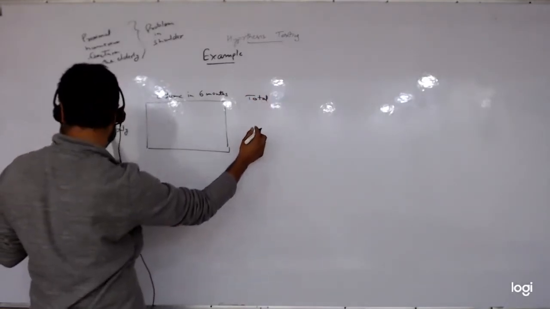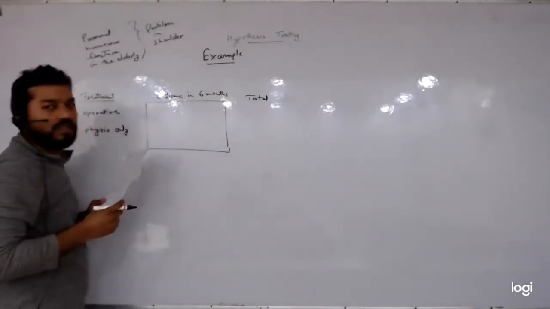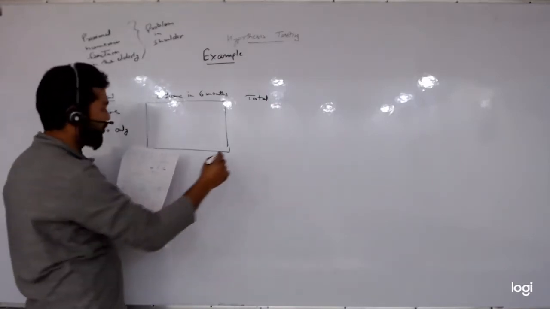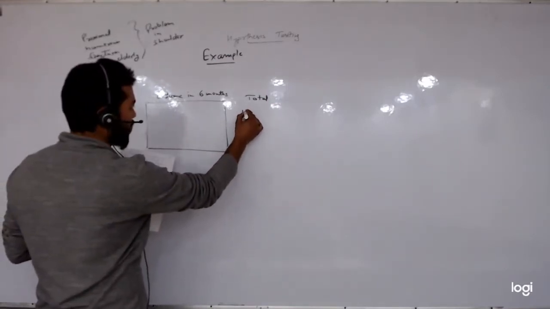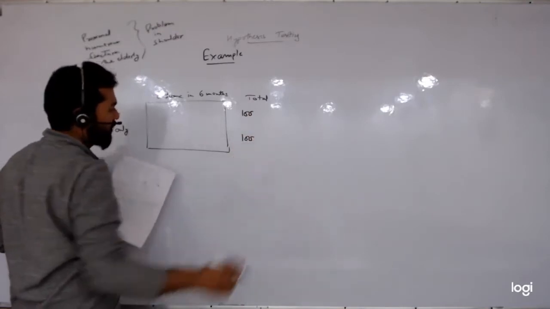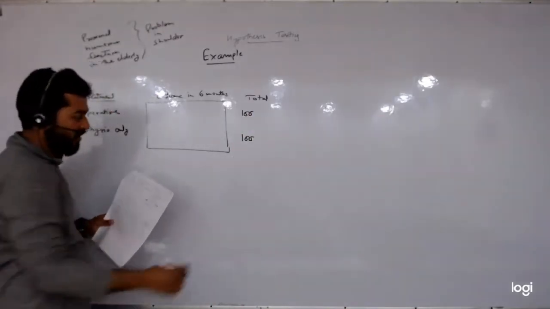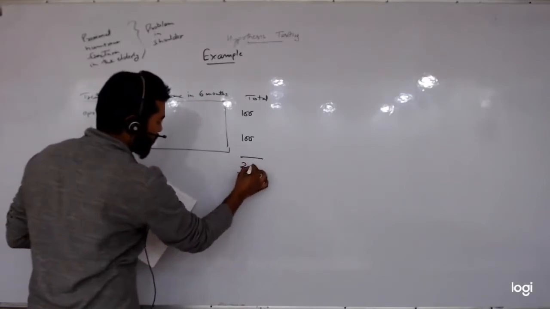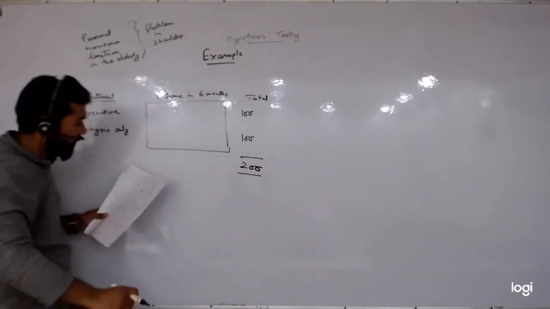Okay, so we have data on 200 elderly people who've gone through treatment. 100 of them have gone through operative treatment and 100 have gone through physio only treatment. So we have a total of 200 people.